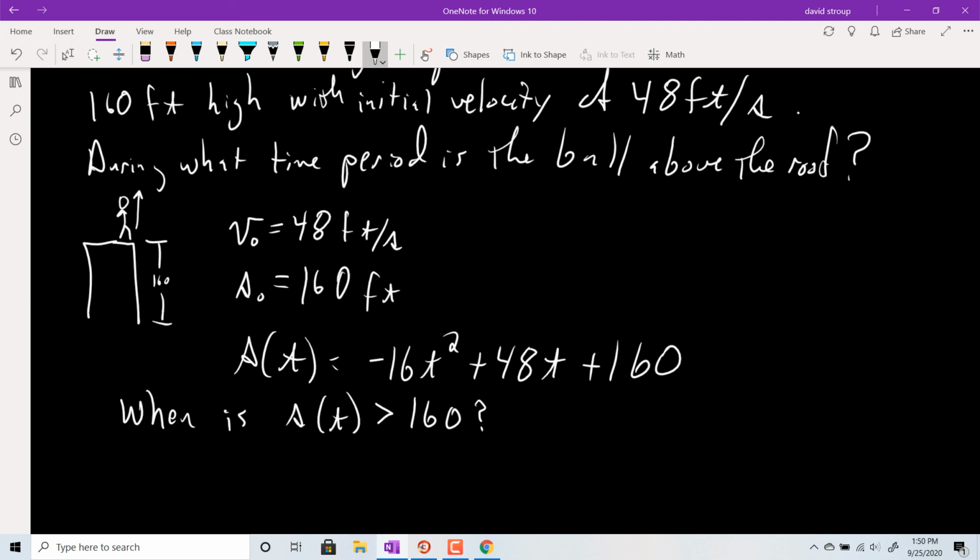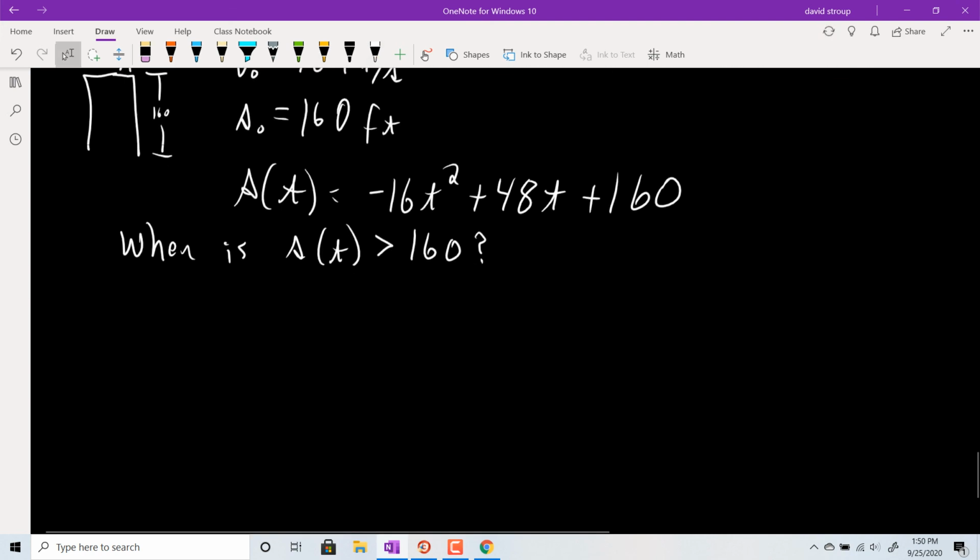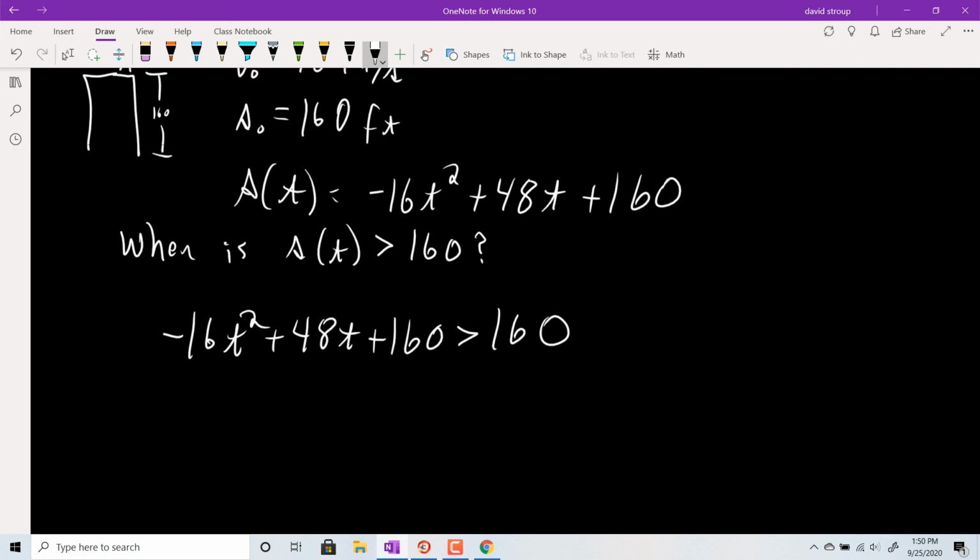We have a polynomial inequality that we need to solve. So if we write it out, it's negative 16t squared plus 48t plus 160. When is that greater than 160?